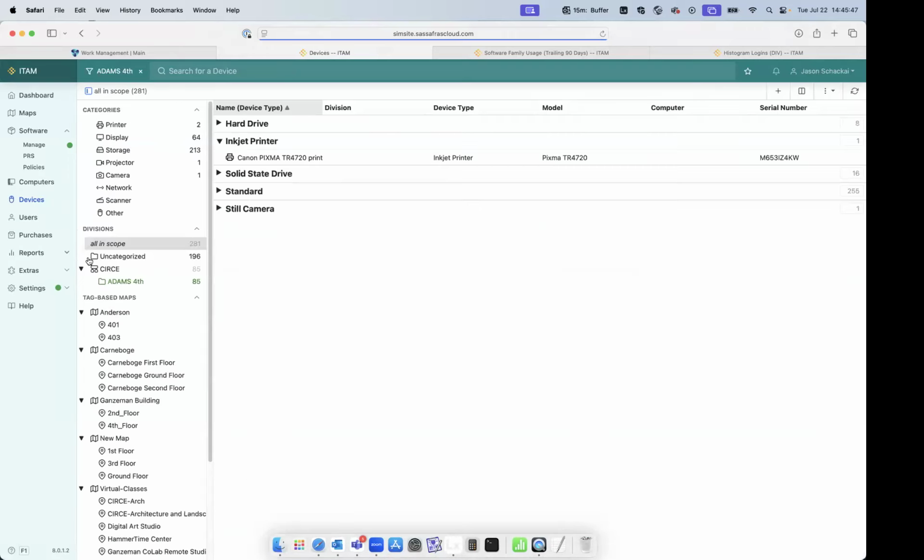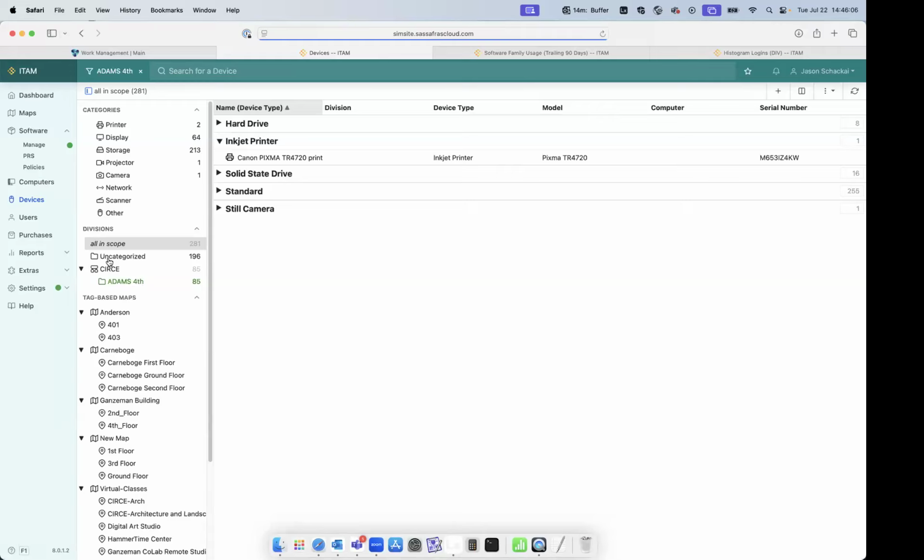Devices, very, very similar. You can think of that computers page as where anything with an operating system will go. So computers, mobile devices. We don't have an agent for mobile devices, but a lot of times customers will import those for inventory purposes to get them into Team Dynamics.